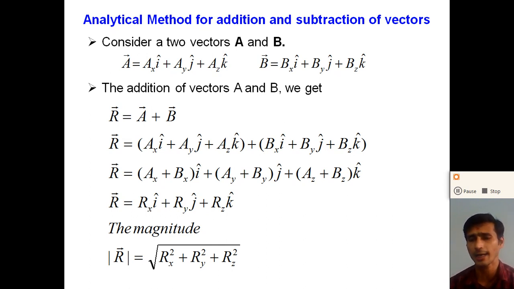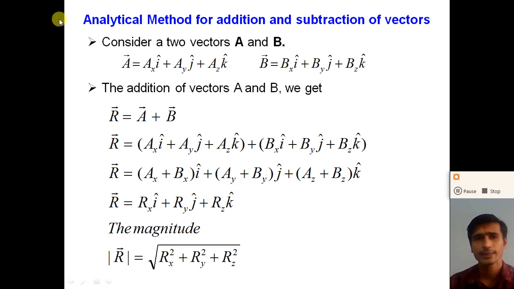If you want to add 10 vectors graphically, it is difficult, right? So for that we use the analytical method for the vector addition and the vector subtraction. The analytical method is very easy for the addition and the subtraction of the vector.